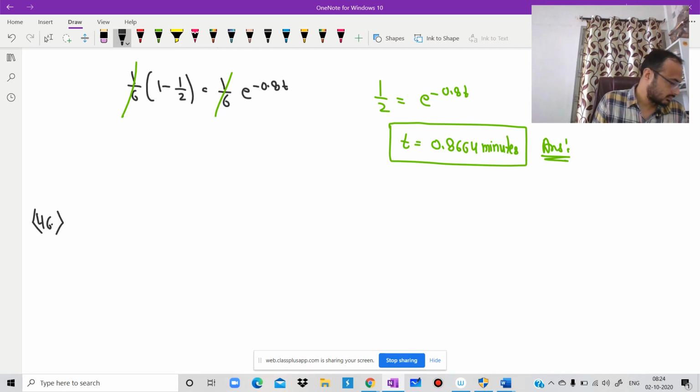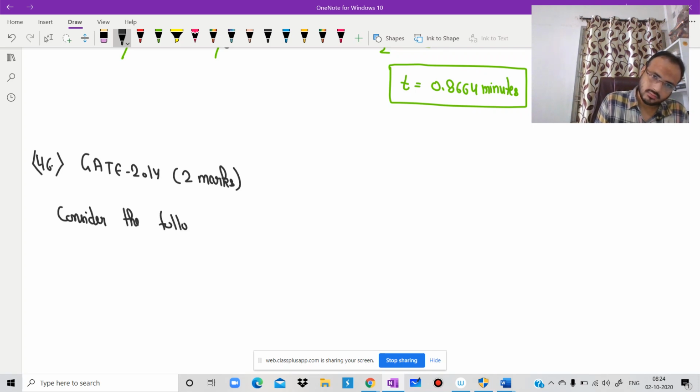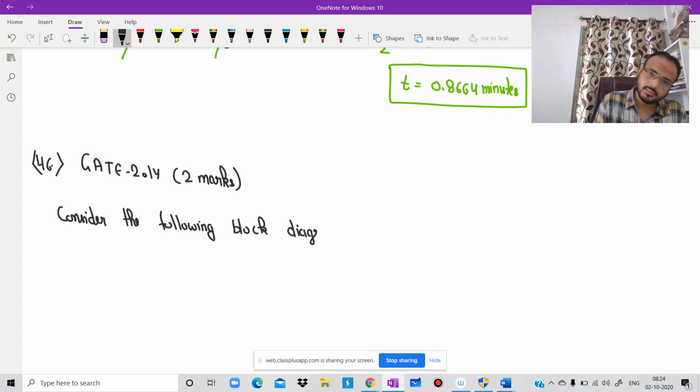Question 46, GATE 2014. Again 2 marks. Consider the following block diagram of a closed loop feedback control system.